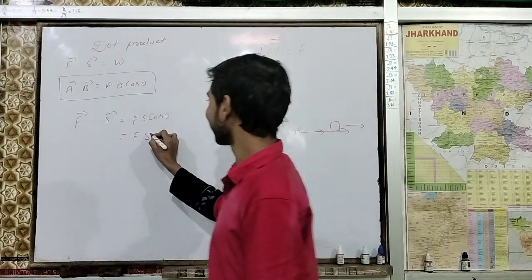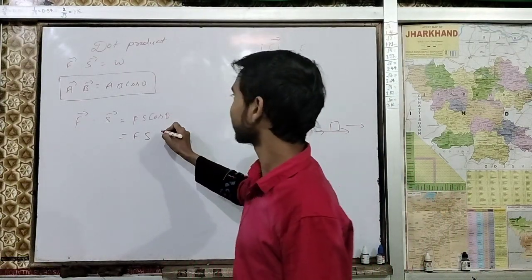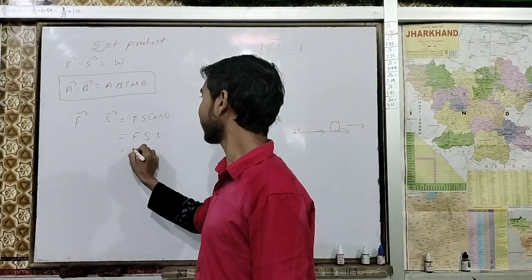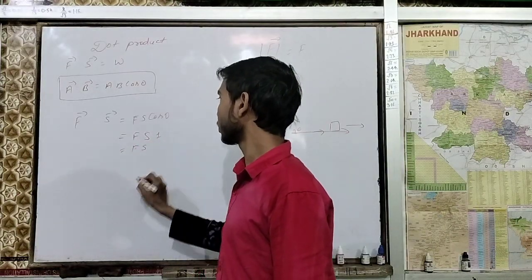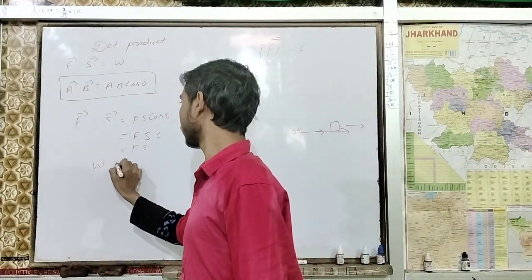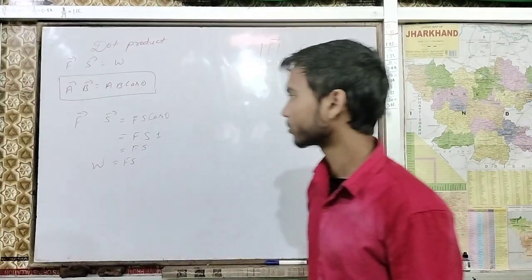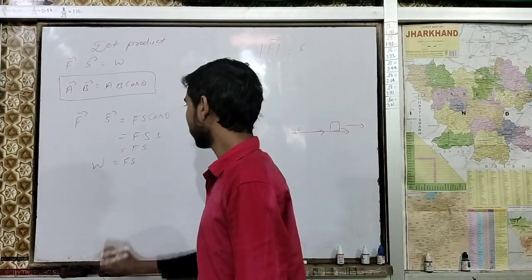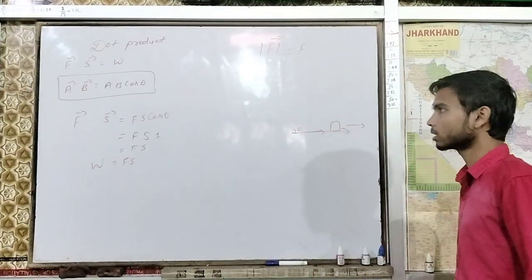Yes, 1. Cos 0 degree is equal to 1. So finally we got F S. So this is equal to W. W is equal to Fs. Clear?